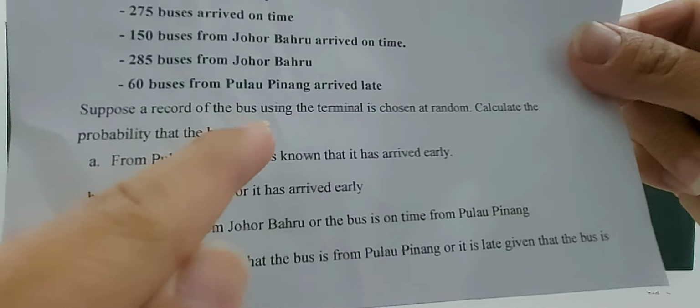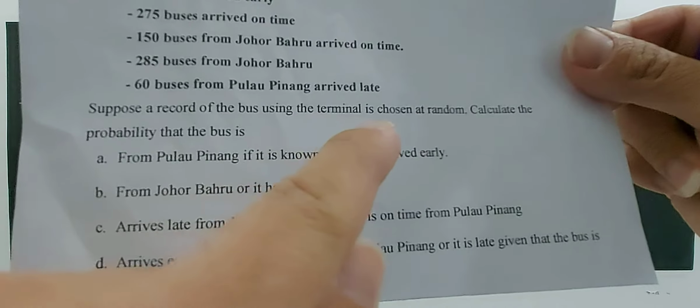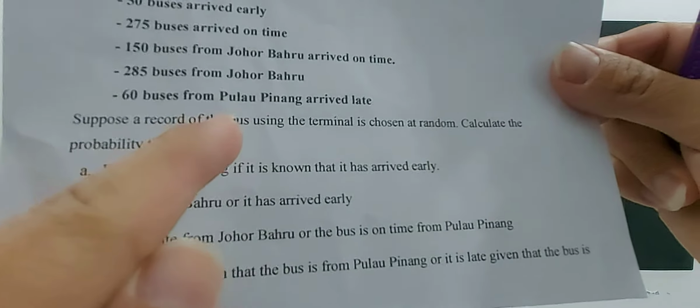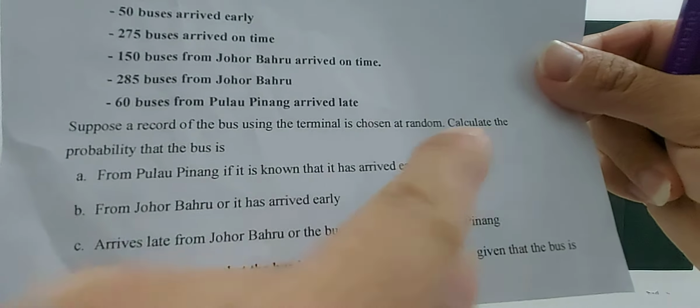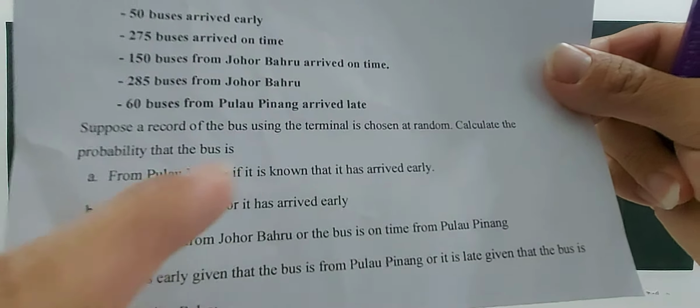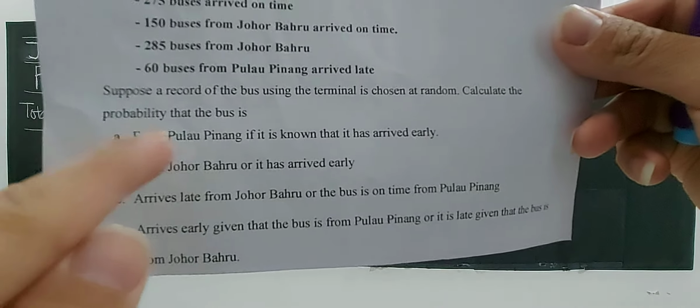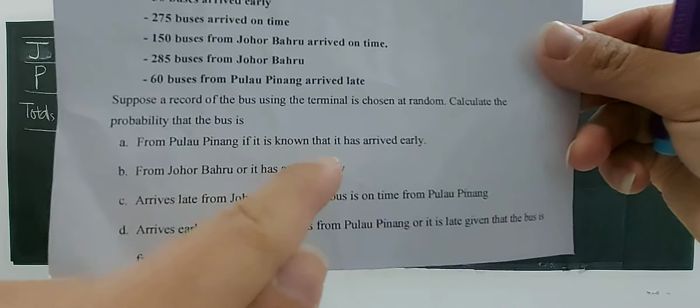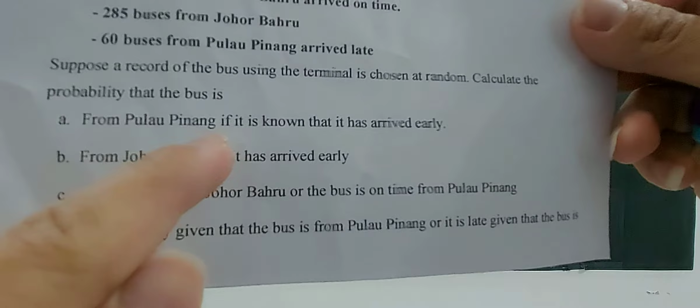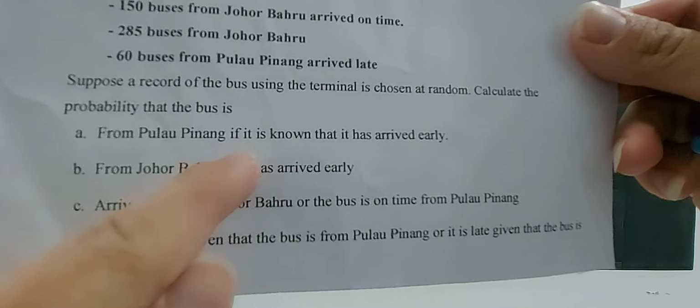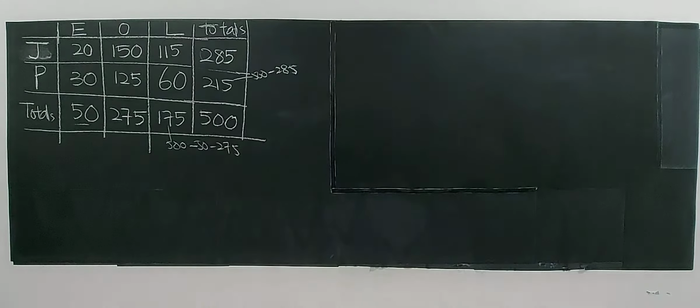Suppose a record of a bus using the terminal is chosen at random, a bus, right? Calculate the probability that the bus is from Pulau Pinang, if it is known that it arrived early. This is the same as given that.